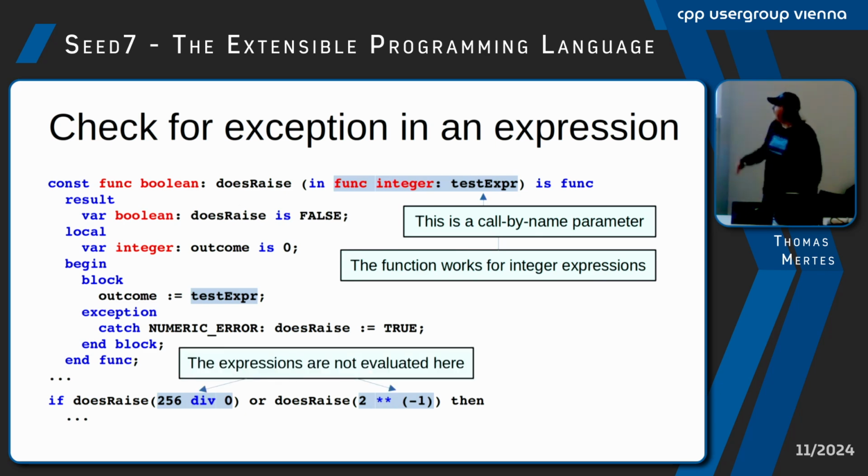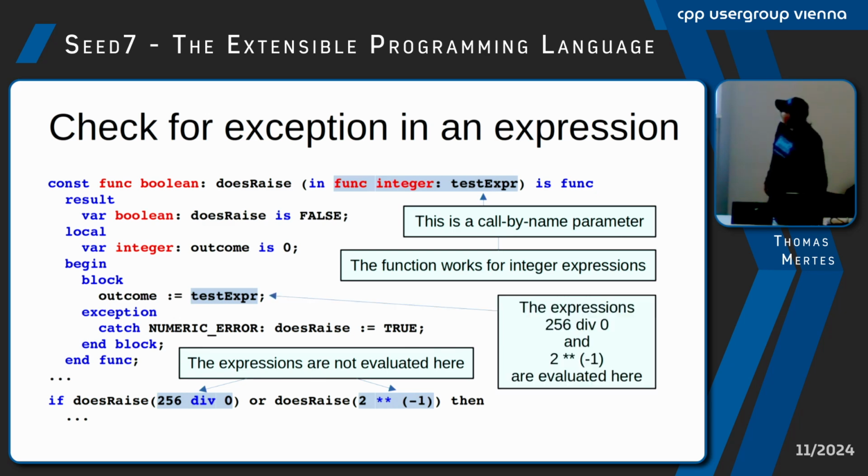The expressions are not evaluated here when does raise is called. No, they are evaluated at this place. So this way we can check with does raise if this division or the power by minus 1 raises this exception, numeric error.